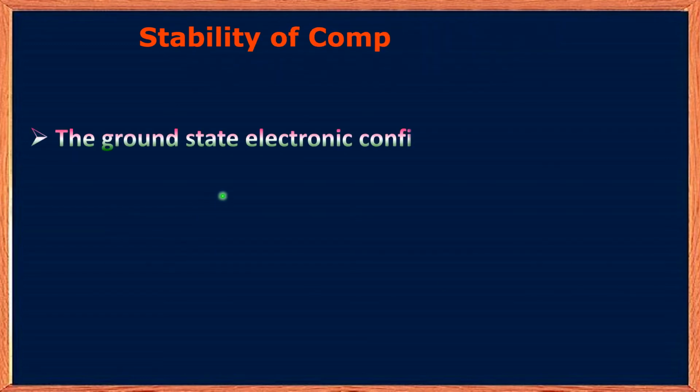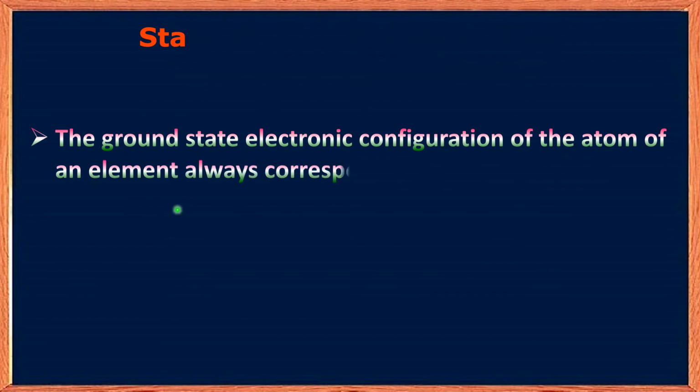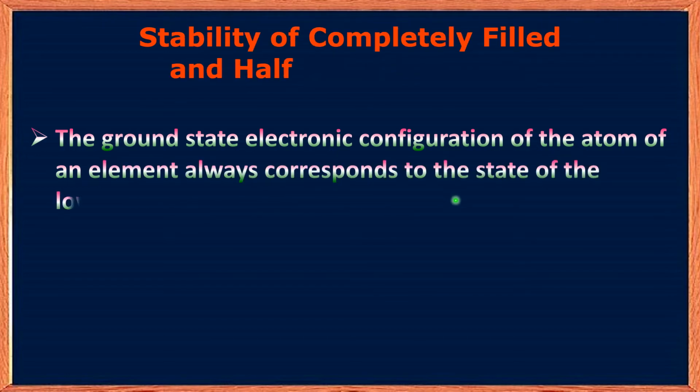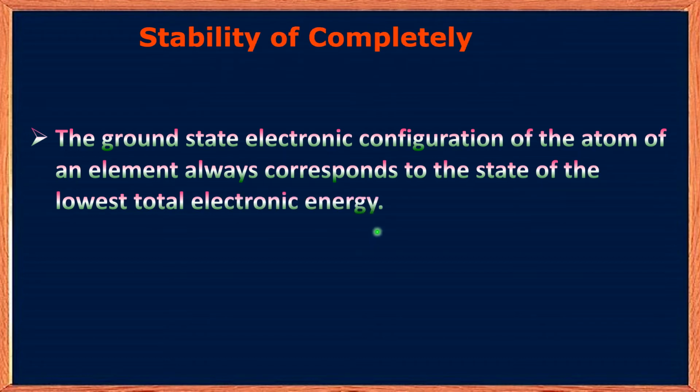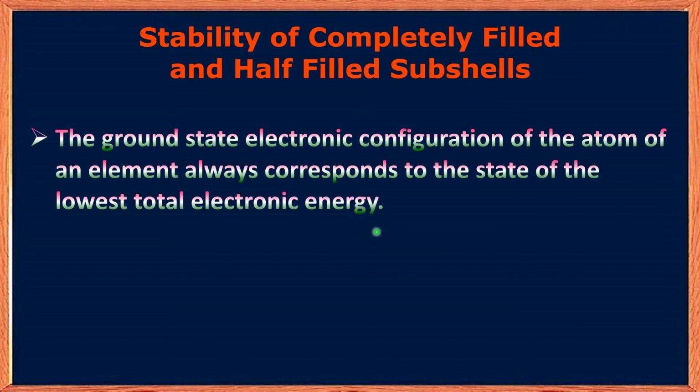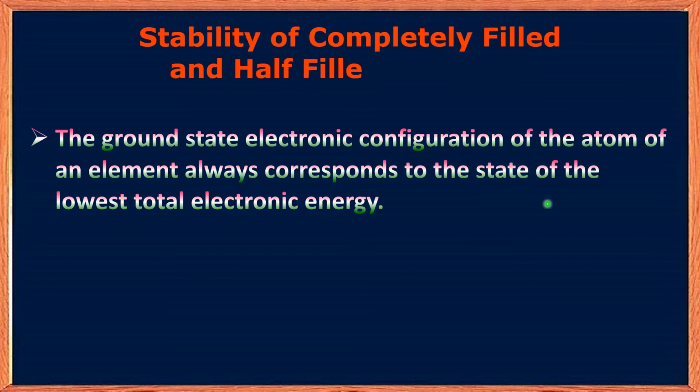The ground state electronic configuration of the atom of an element always corresponds to the state of the lowest total electronic energy. That means we are writing the electronic configurations of the atoms when they are in their ground state.